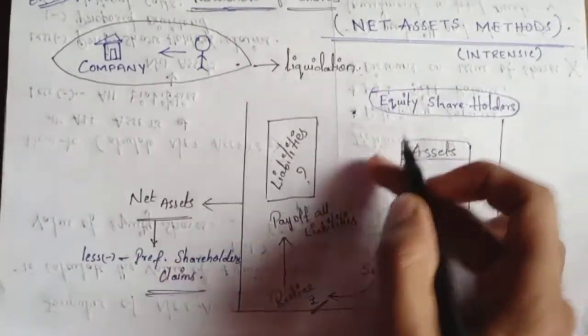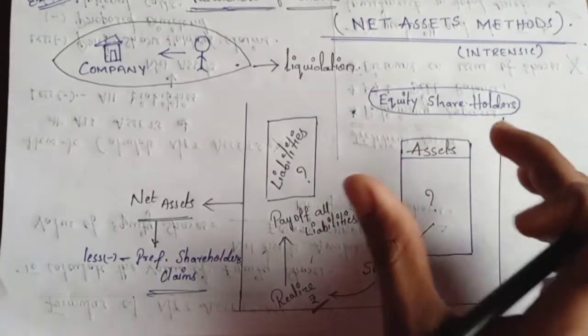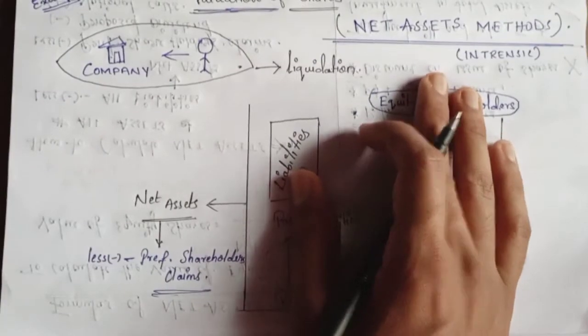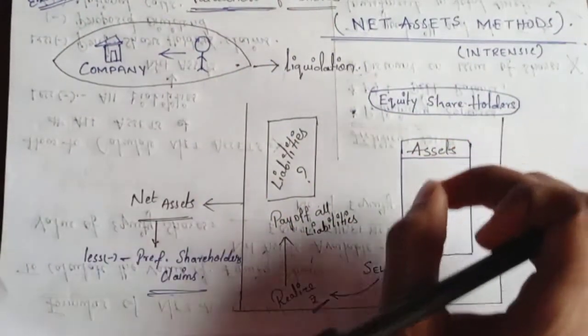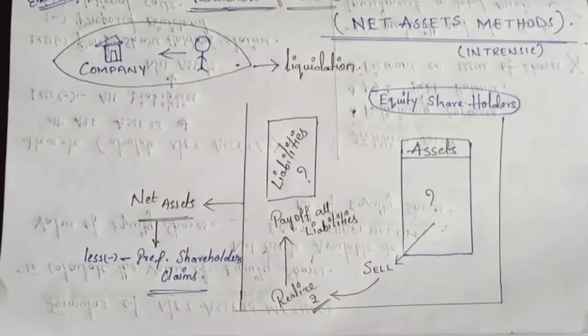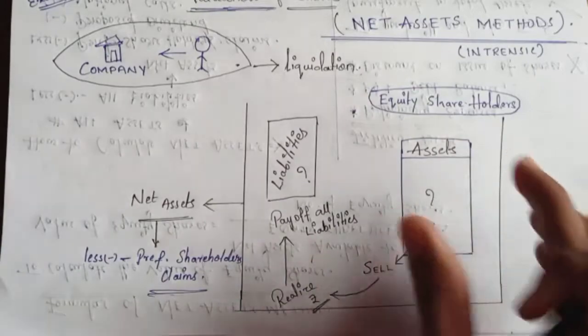So the fictitious assets will not be taken on the asset side, because they will not realize any value in the market. So there is no value of the fictitious assets. Thus, we are going to take all the assets except fictitious assets.